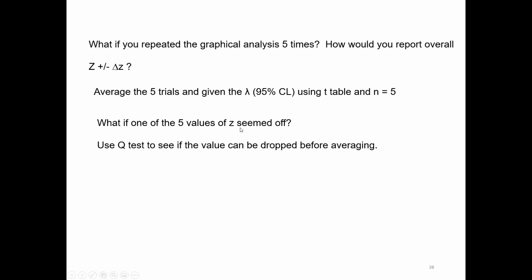Once you drop that particular z value, then you report your mean with the other 4 z's, and also look up the t table. Now use n equal to 4. So the degree of freedom will be 3.